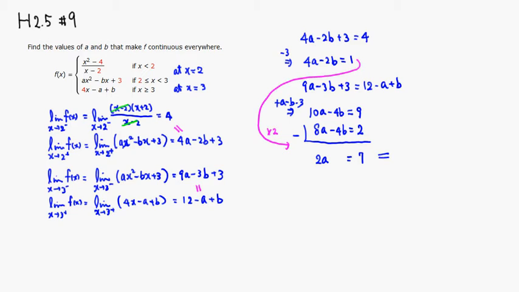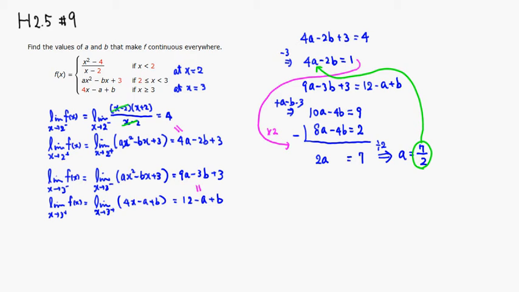Therefore I can divide through by 2 to find a. So a is 7/2. Then we can use any equation here, but I like this one right here. So I'm going to plug this in here.